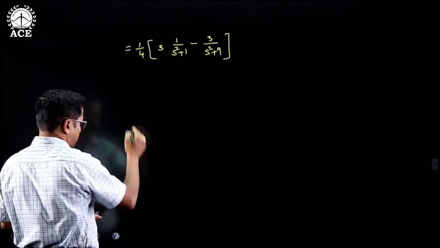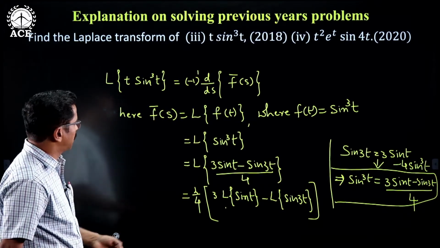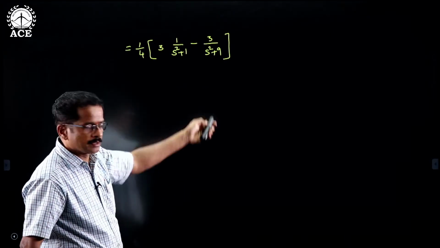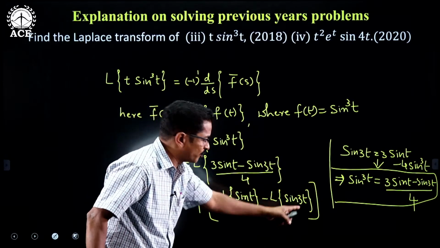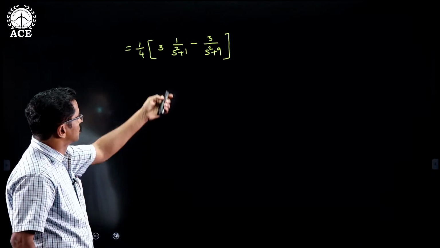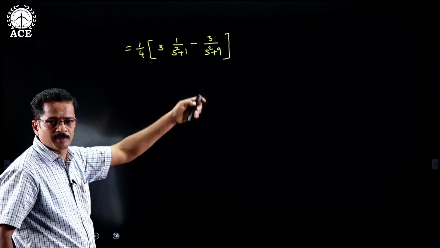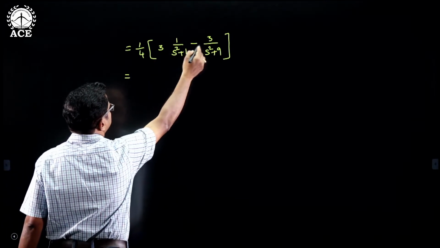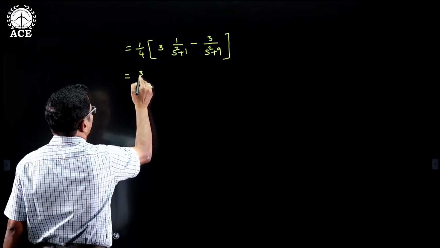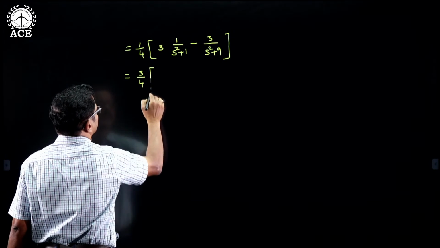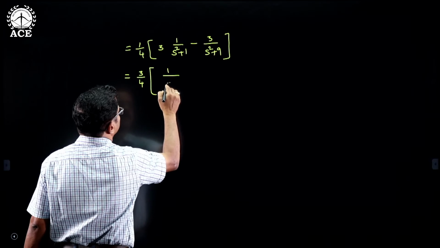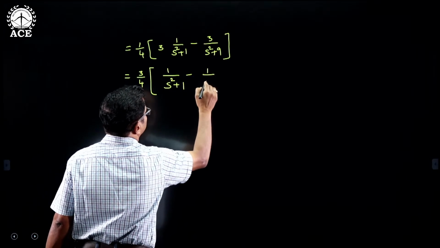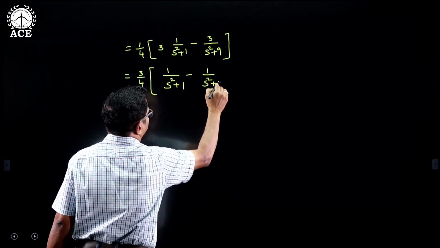Clear now? L of sin 3t means 3 by s square plus 9, as in the place of a we have 3. So I am bringing 3 outside as 3 is common. So 3 by 4 into 1 by s square plus 1 minus 1 by s square plus 9.